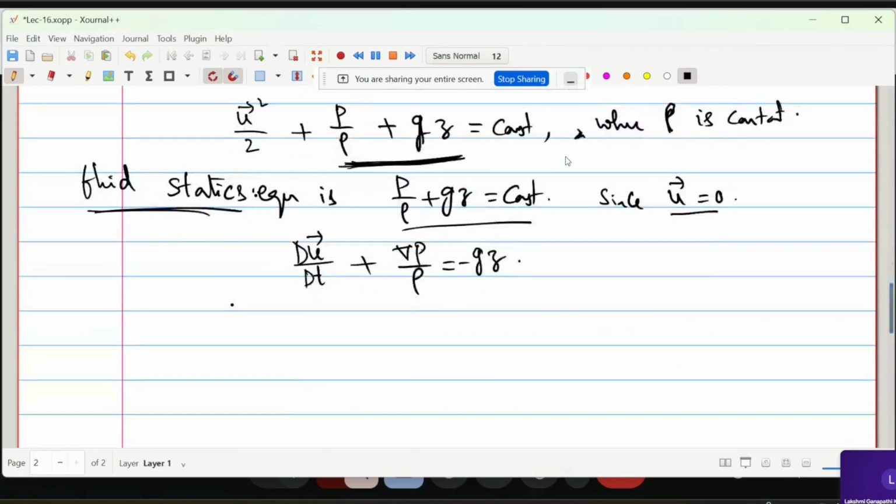You bring it this side. So this is what you get, of course, grad of that only we're going to write it, right? So it becomes basically the gradient of gz this side. Once you write this side, this is equal to 0, right? So what is the momentum equation now?